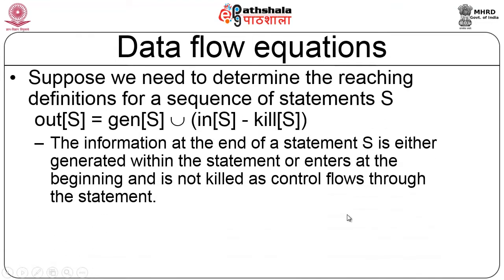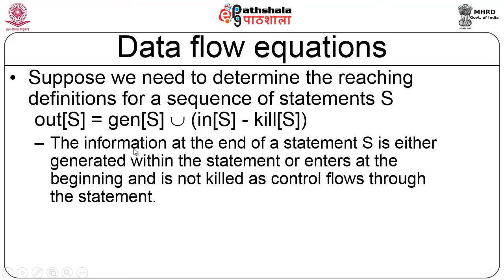Suppose we need to determine the reaching definitions for a sequence of statements S. That is, which variable definitions will reach a particular point. It is defined as out of S, the definition that will be out after a particular statement S, which is given by gen of S. Gen here means generated, what the statement generates as definitions, union whatever was given as input to this statement, in of S, minus whatever this statement kills.